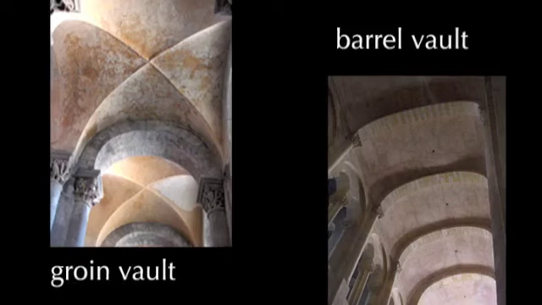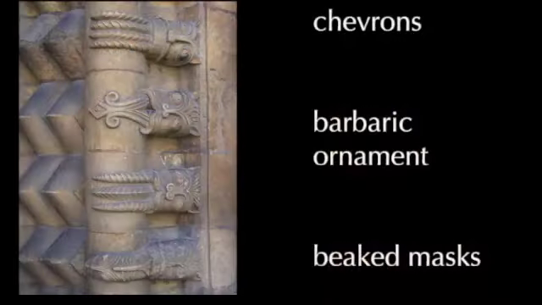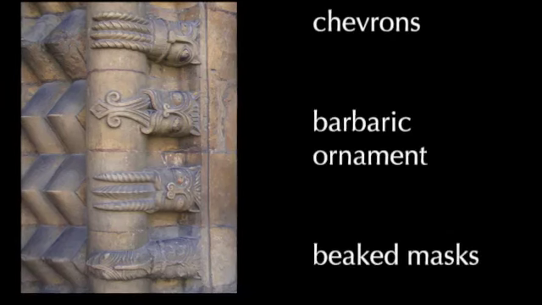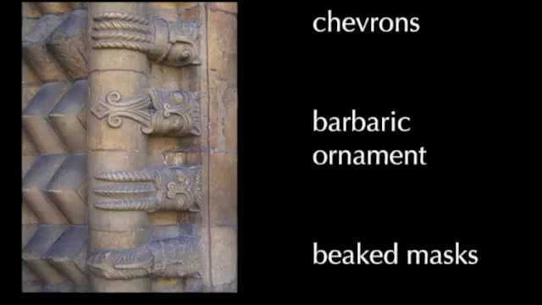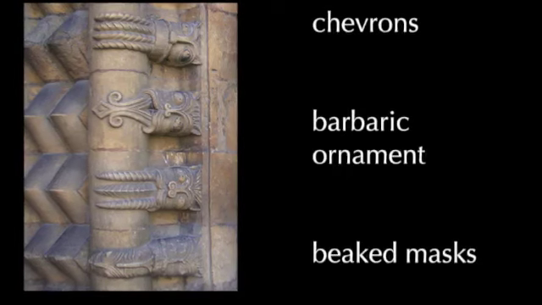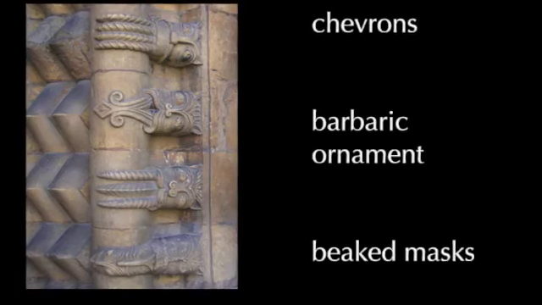Roofs were either open and timber, or else had barrel vaults or groin vaults. Barbaric ornament of various kinds was very popular, particularly on the outside of the church, and gave a lot of freedom for invention. Another pattern that was often used was the chevron.